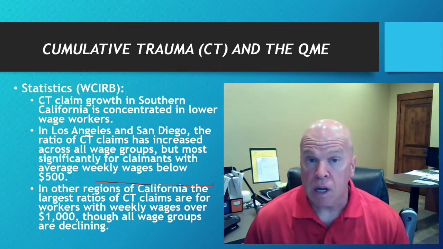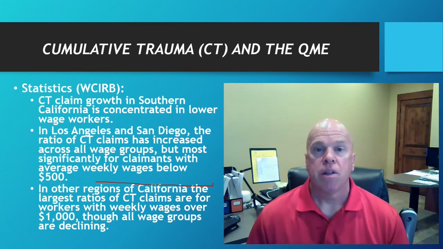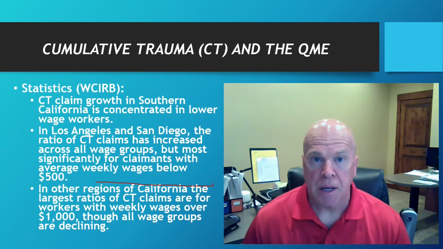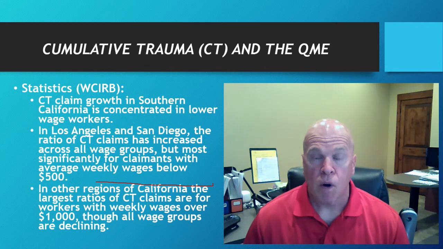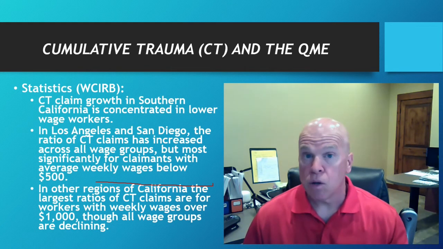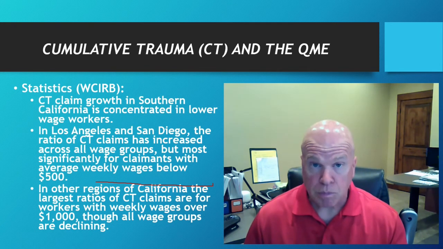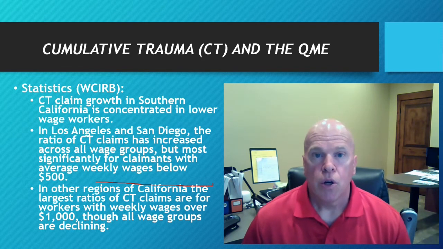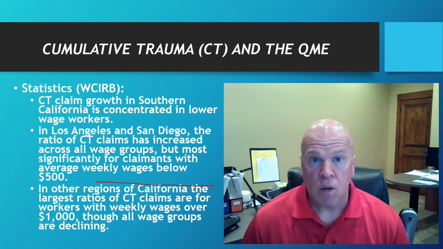So I want you to think of the type of examinee that you could be evaluating at your next evaluation. It's typically going to involve a worker in manufacturing and or hospitality industries who are low average weekly wage earners, typically in the hotel industry, in the manufacturing and assembly industry.